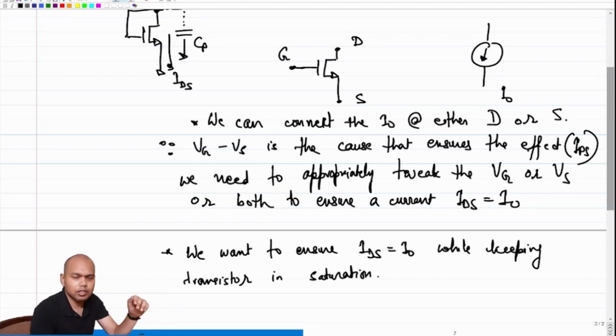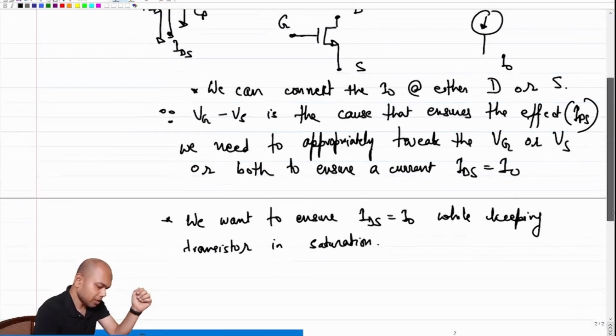Let's keep the combination aside for the time being. So how many possible combinations of applying the current source and tweaking the gate and source voltage can I come up with? Clearly, I can come up with four possible combinations, right?